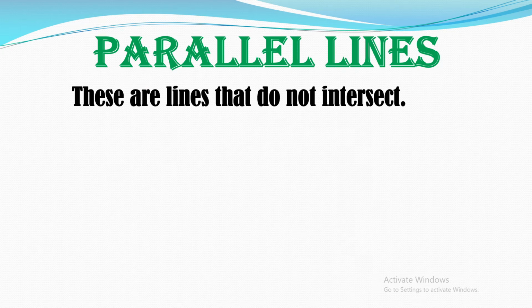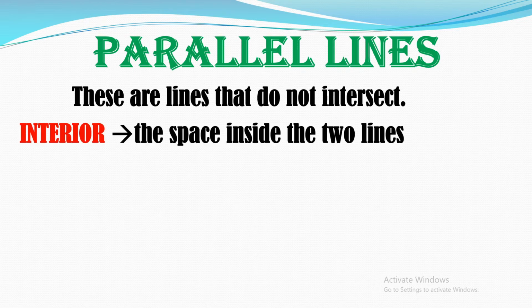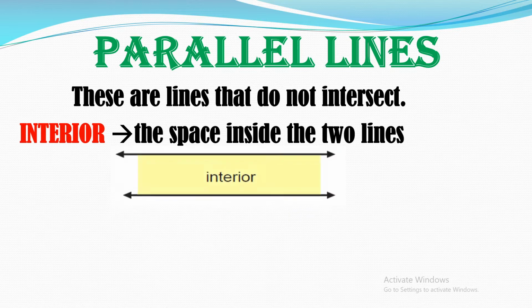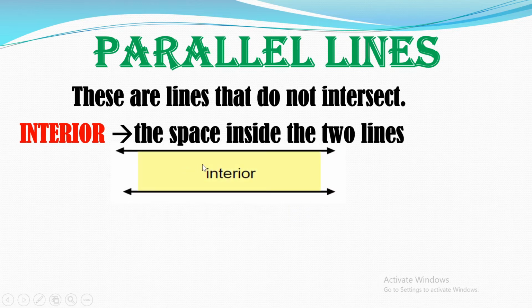Now, given 2 parallel lines, we have what we call interior and exterior parts of the parallel lines. When we say interior, this is the space inside the 2 lines. So given 2 parallel lines, the interior is between those 2 lines.